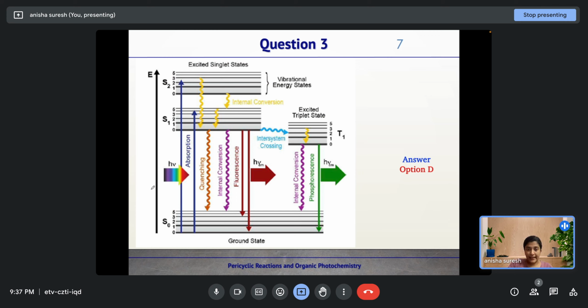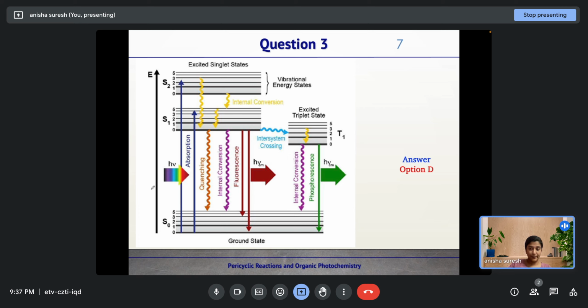From the Jablonski diagram, you can distinguish between fluorescence and phosphorescence. Fluorescence is a radiative pathway in which, without changing from triplet to singlet state, the radiative loss of energy takes place, either from singlet to singlet or triplet to triplet.